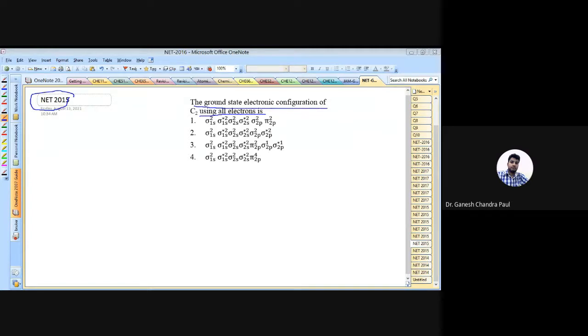So therefore, it is sigma 1s2, sigma star 1s2, then sigma 2s2, then sigma star 2s2, and then what? Option 4, sir.